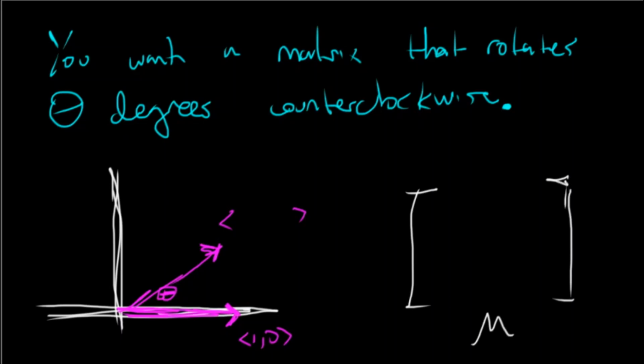So we're going to use right triangle trigonometry to figure this thing out. This is a right triangle. Its x coordinate is cosine theta, and its y coordinate is sine theta. So I'm going to put a cosine theta here and a sine theta here. Now we need to figure out where the vector 1, 0 is going.